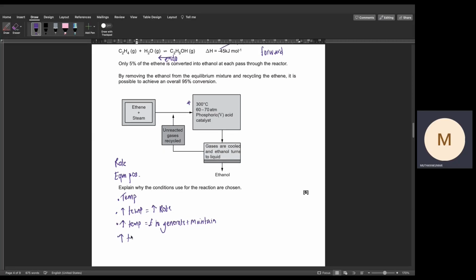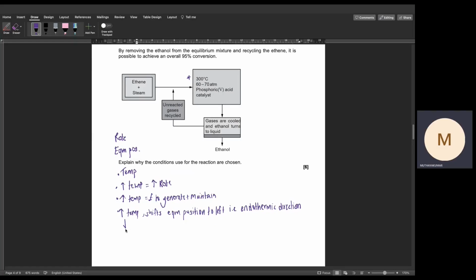And the second disadvantage is that increasing temperature shifts the position of the equilibrium left, and this will reduce our yield. So for the conditions used, 300 degrees Celsius has got to be high enough that the rate is pretty fast, but not too high that it's costly, and not too high that our yield is affected significantly. So that's temperature.